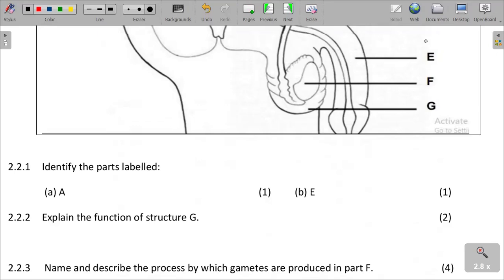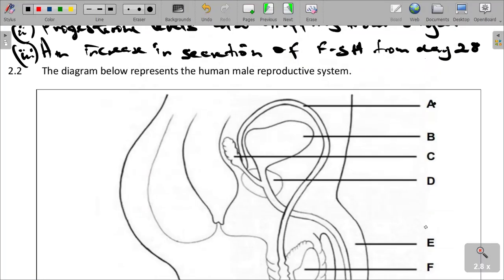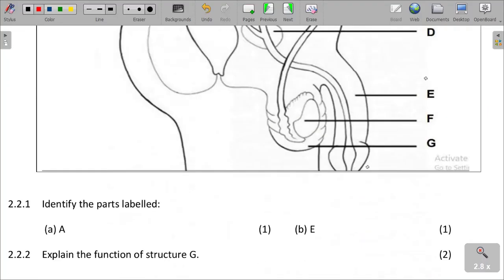So let's see the questions that are there. The question says identify the parts labeled A and E. The part labeled A here, we can see this is the sperm duct, which is also called the vas deferens.